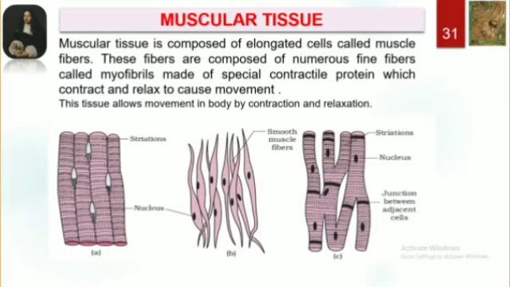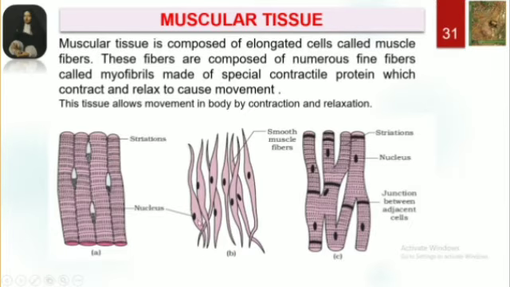We come to muscular tissue, the third tissue type. The muscular tissue is composed of elongated cells called muscle fibers. These fibers are composed of numerous fine fibers called myofibrils, made up of special contractile protein which contracts and relaxes to cause movement. Right? And you can find there are three types of muscle fibers available. One with bundles and light and dark striations, called striated muscle, also called skeletal muscle.